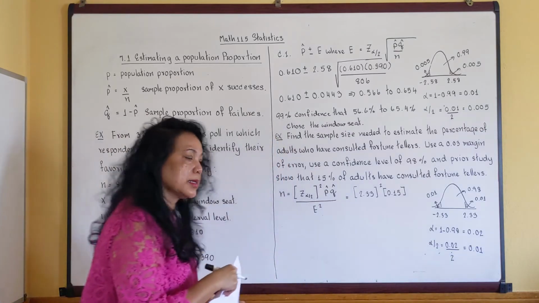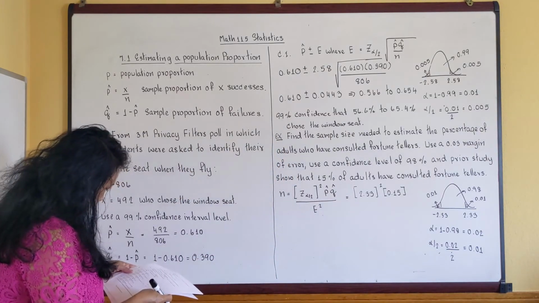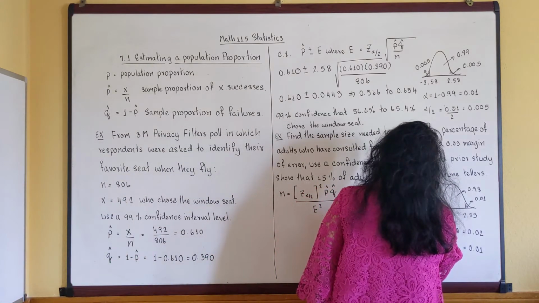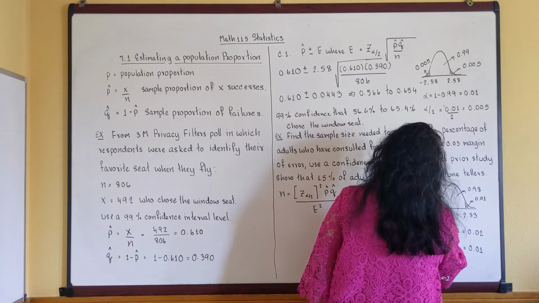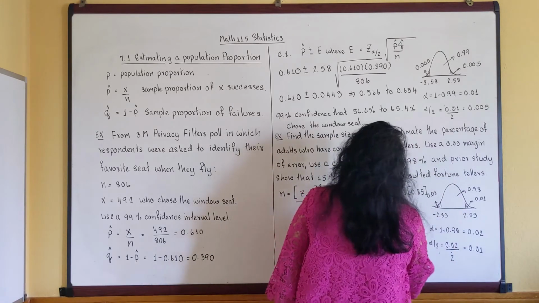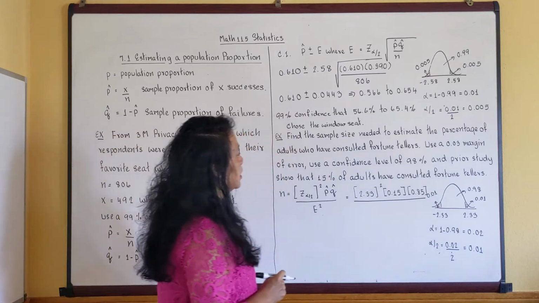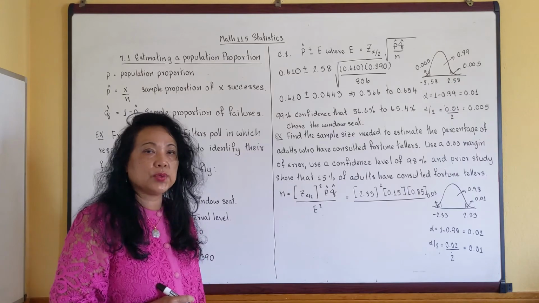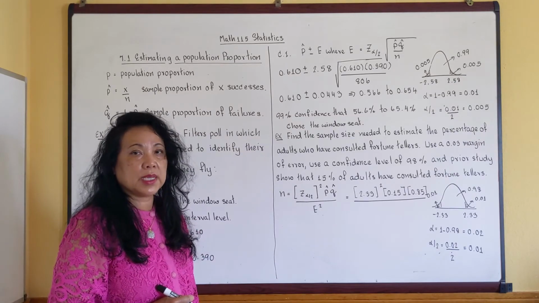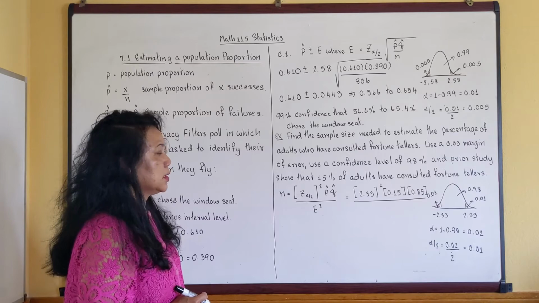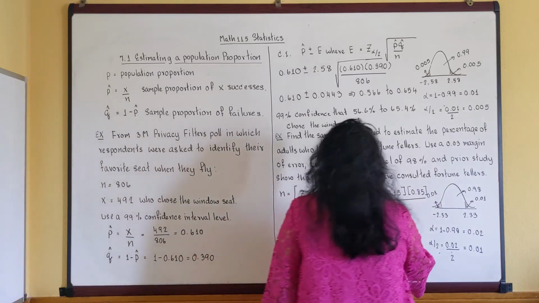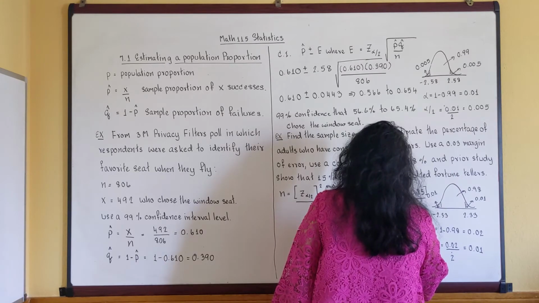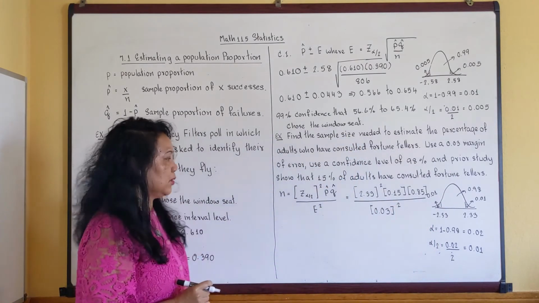And then q hat. Q hat is 1 minus p hat. So it's going to be 0.85. Margin of error is 0.03. That is the maximum error by using a sample to estimate the population proportion. So it's 0.03 or 3%, squared.